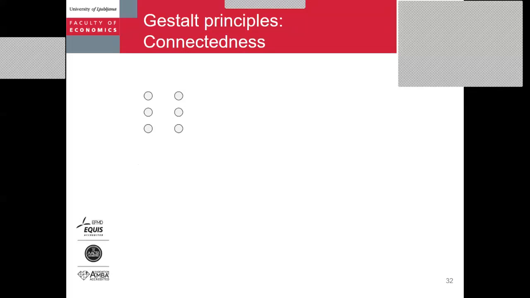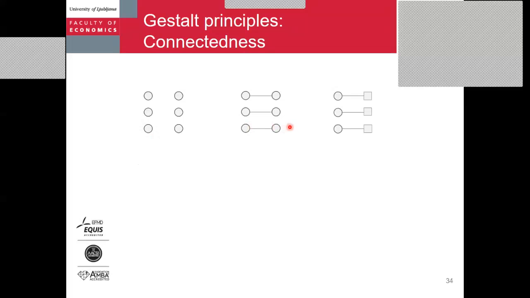So these are close together and these are close together, so they form 2 columns. Now, what if I change them this way? What do you see? Yes, now we change from 2 columns to 3 rows. Yes, because connectedness is stronger than proximity.